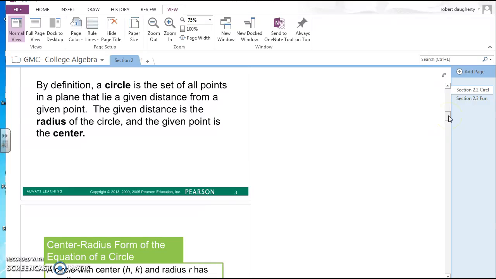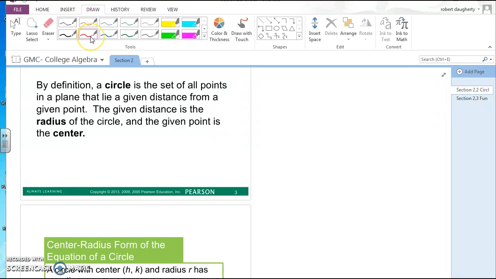By definition, a circle is a set of all points in a plane that lie at a given distance from a given point. The given distance is the radius of the circle and the given point is the center. So all that really means is if I had a point right here, I find all the points that are an equal distance away.